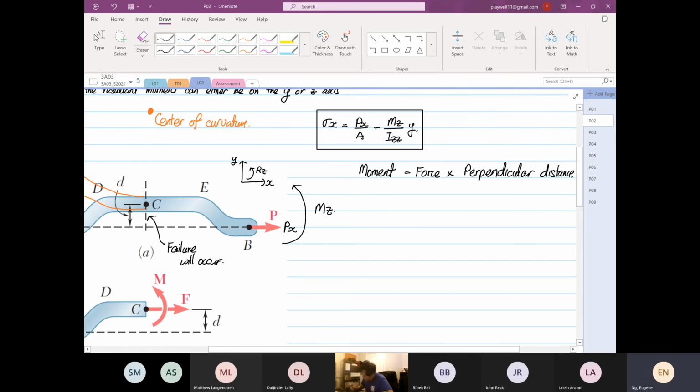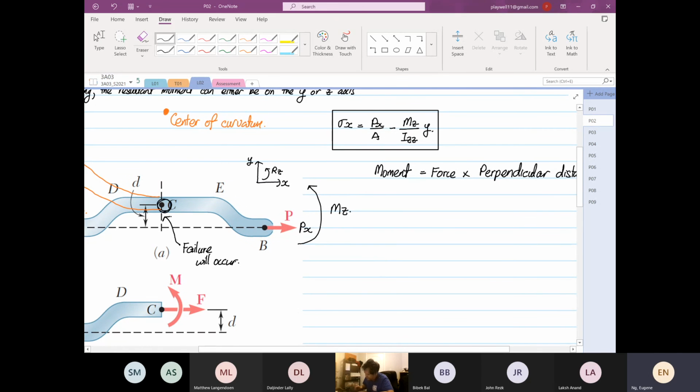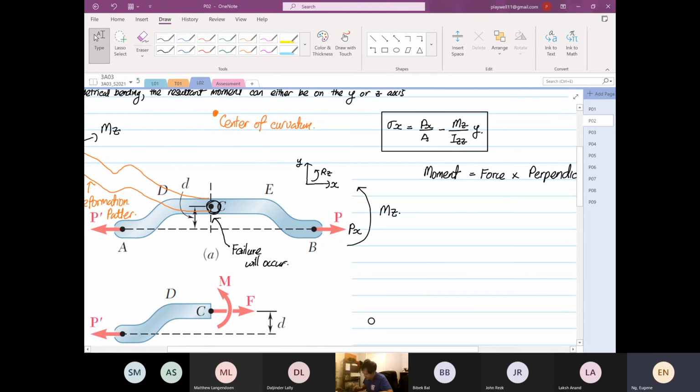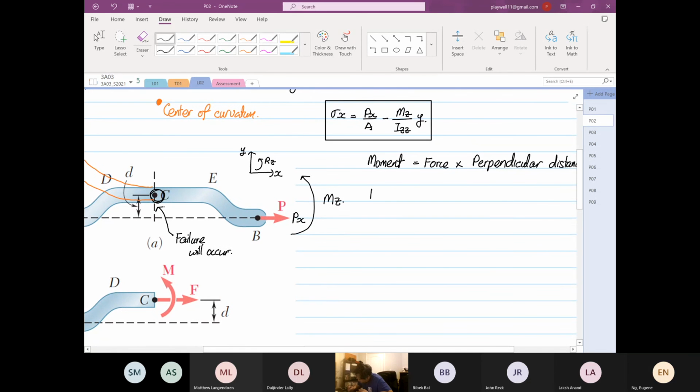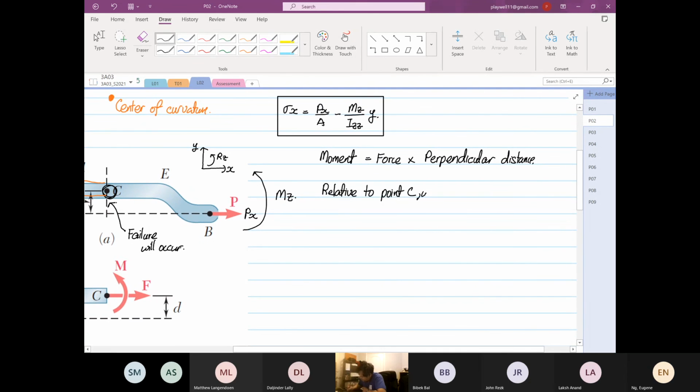Right? And the point of interest is at point C. So relative to point C, which is also the location of the geometrical centroid.